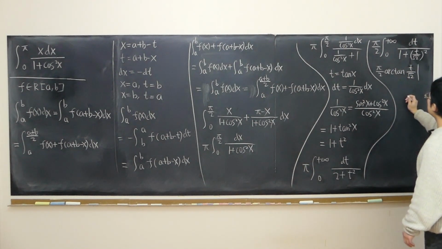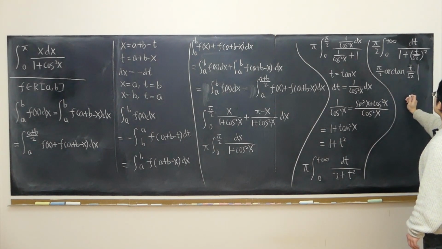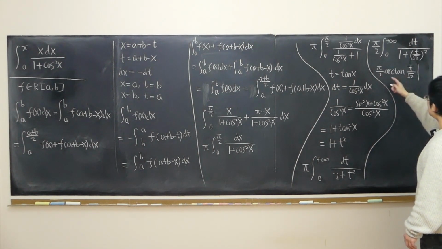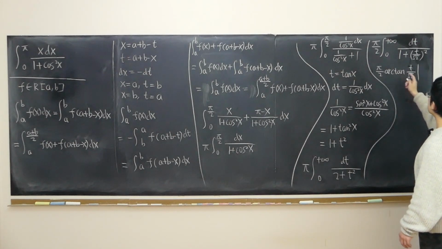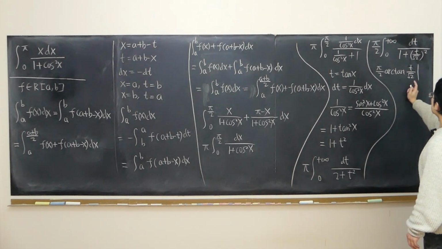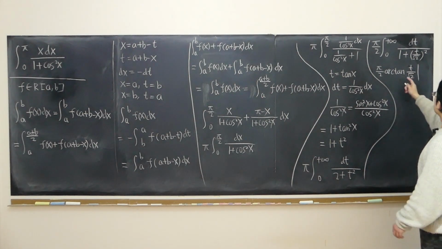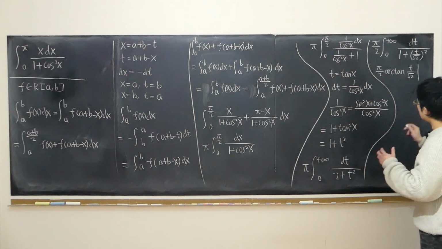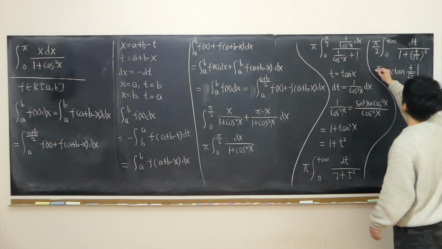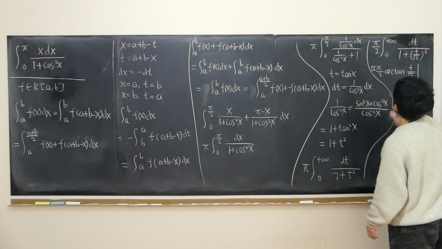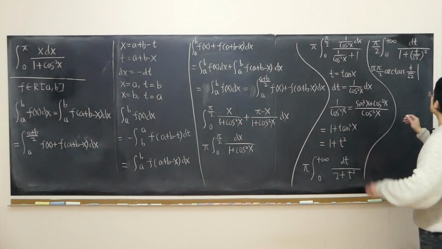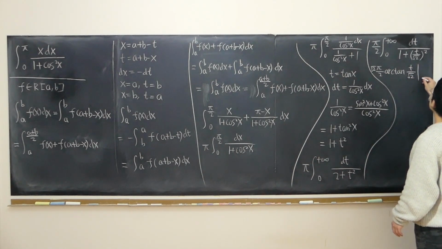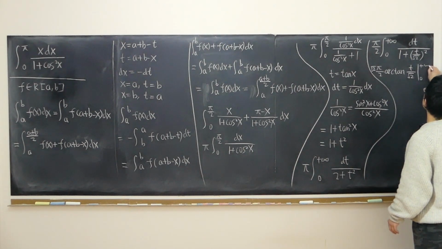Then we have to multiply by some constant, because if we want to differentiate this expression, then we're going to use the chain rule. We're going to have to multiply by the constant 1 over square root of 2. Therefore, I still have to multiply by square root of 2, just to cancel it out, from 0 to positive infinity.